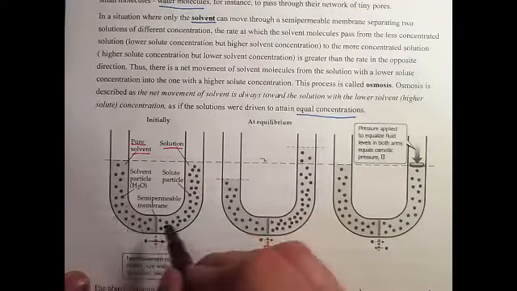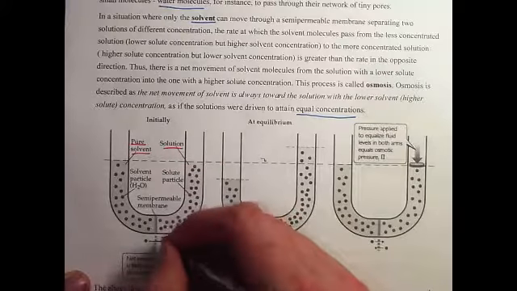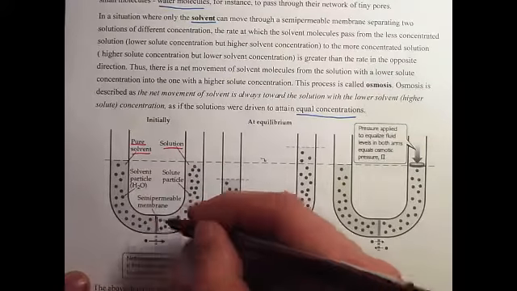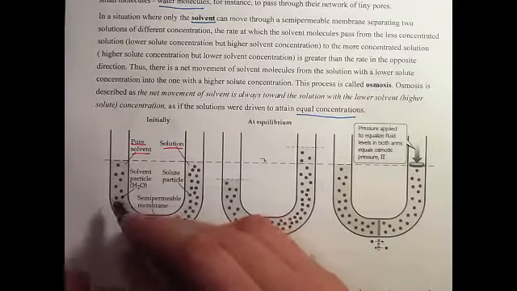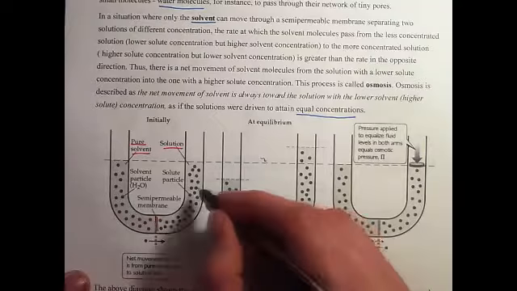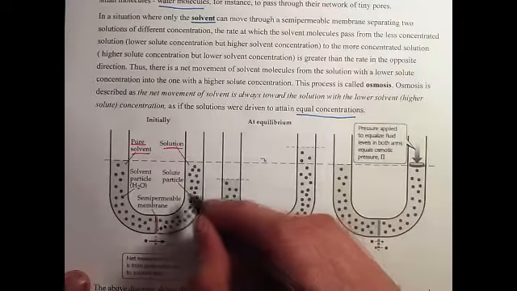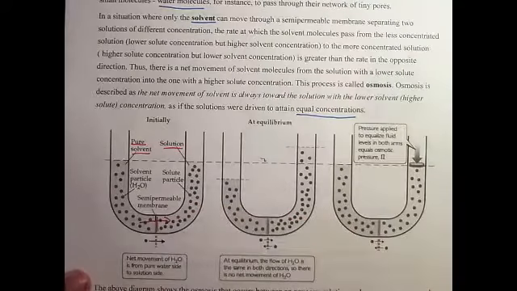This side has no solute, and this side has solute. The semi-permeable membrane exists here. So there are a lot of water molecules here in a given number, and not as many water molecules per given number on this side. So naturally, water wants to move across that membrane to even out the number of water molecules.